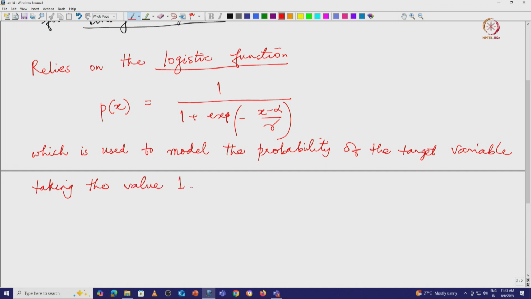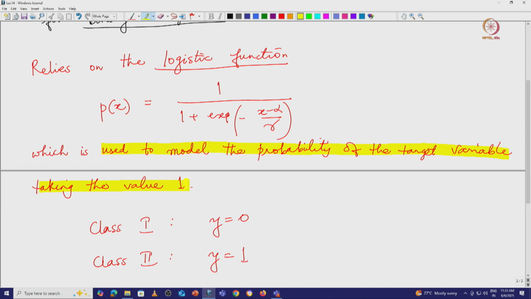Right. So, essentially there are two classes. Let us say there is class 1, which we will denote by y having the value 0, and then class 2, which means that the variable y has the value 1. So, what we have defined here is that this p of x is used to model the probability of the target variable taking the value 1 given a feature vector x.